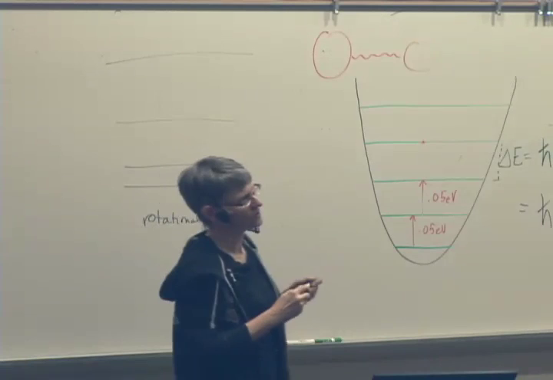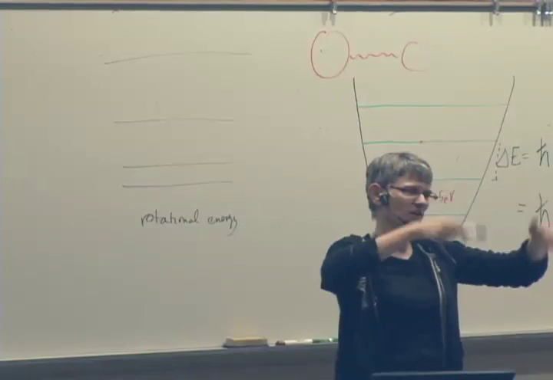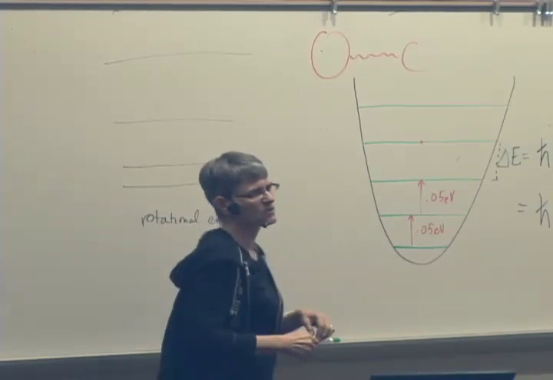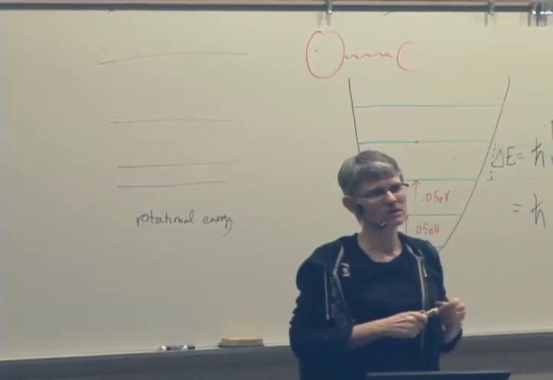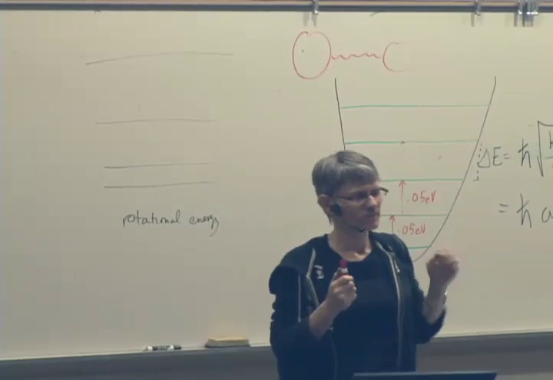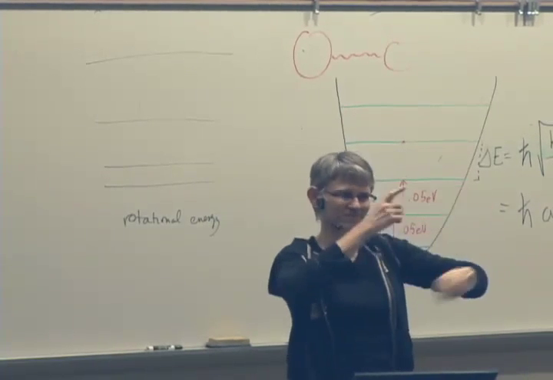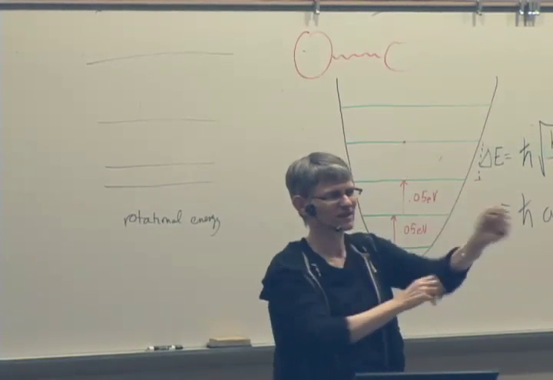Now, there's no potential energy associated with rotation, so we're just talking values of kinetic energy here. And where this really ends up coming from is because the angular momentum the molecule can have only certain values.